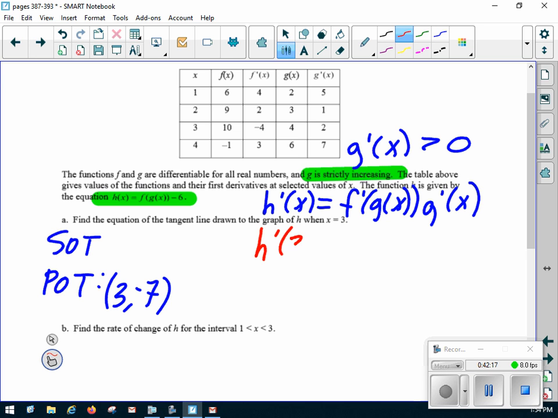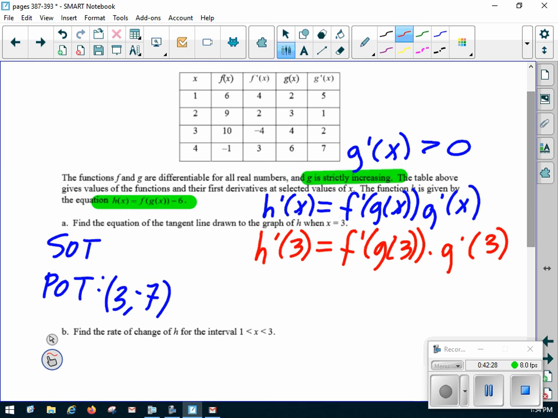So now I need h prime of 3, which is f prime of g of 3 times g prime of 3. g of 3, times.